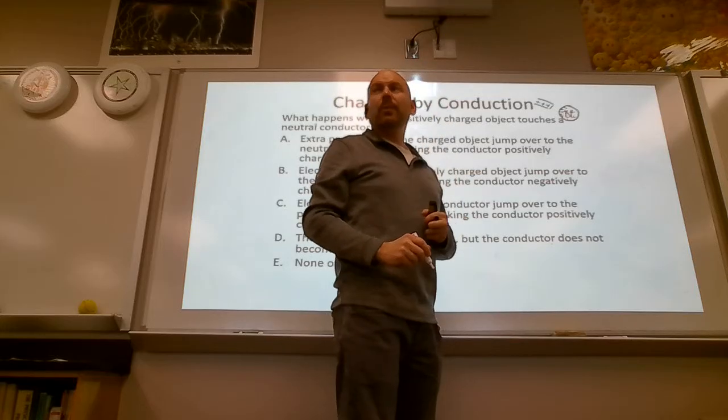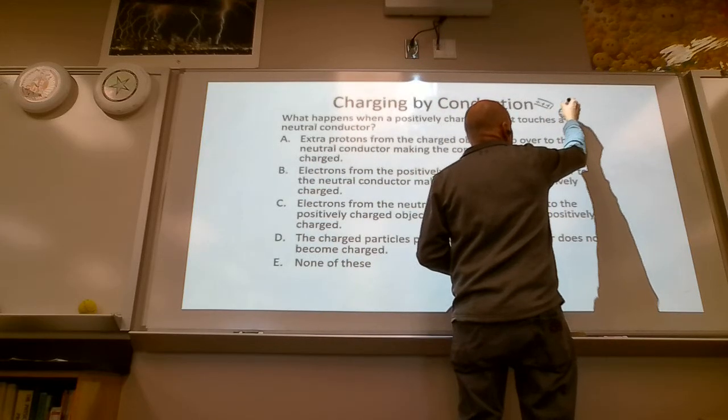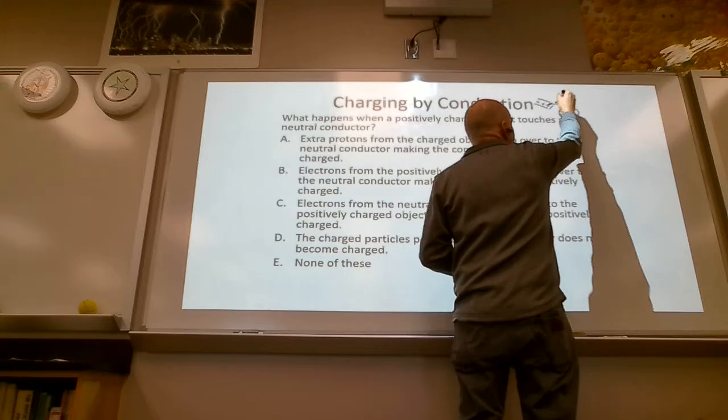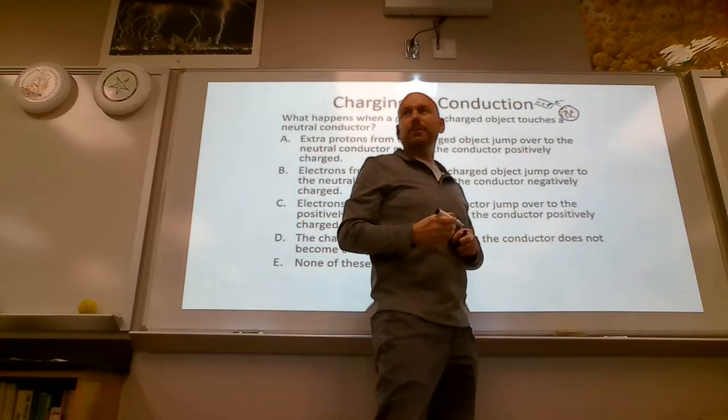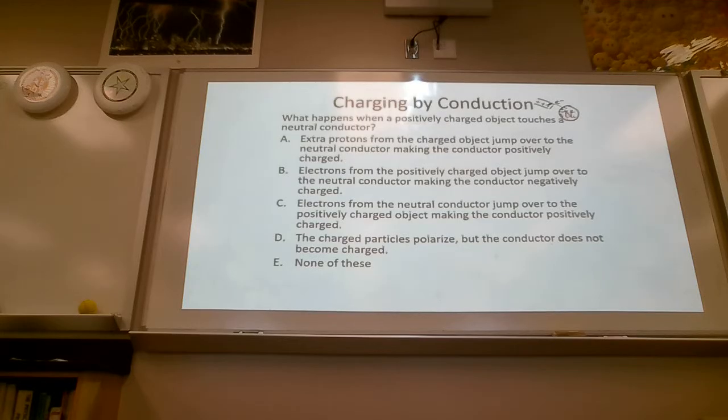It polarizes. When it touches, that allows electrons to transfer, and they jump off. So only electrons move. Electrons jump off the conductor onto the positively charged object, making this now positively charged, electron deficient. Good?